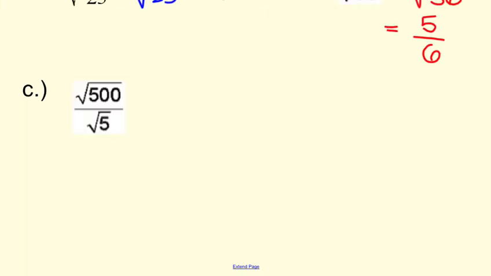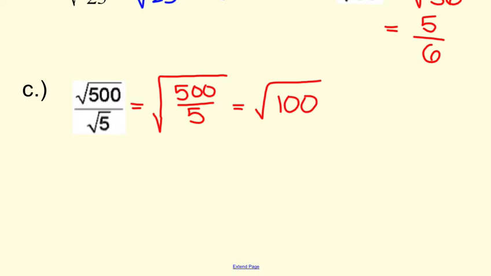Alright, last example on this slide is the opposite, where sometimes it's nice to throw the radical back together as one radical, and now we have 500 over 5. Can you reduce 500 divided by 5? Yes, and you get 100. And then you should notice that the square root of 100 is 10. Alright, that's how you can divide.